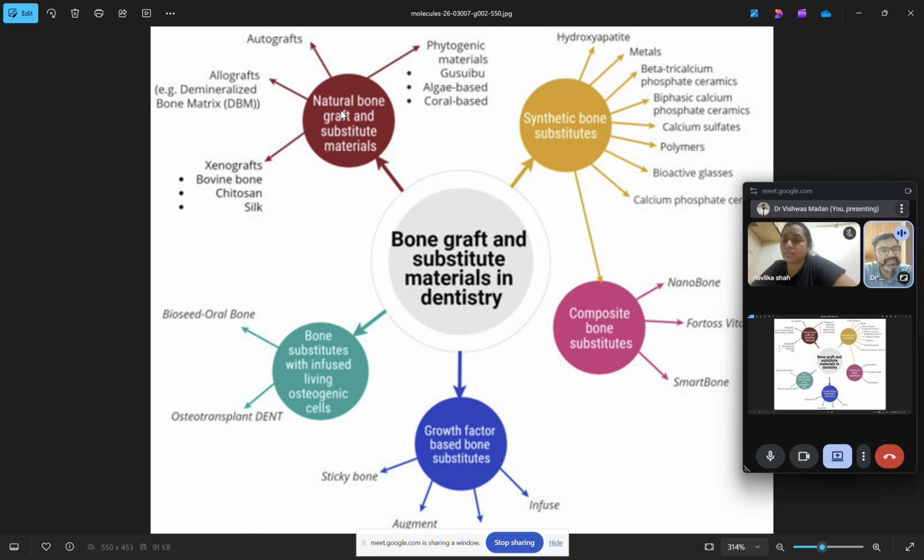Yeah, so rhBMP2 is a kind of protein which scientists have isolated from human bodies, from cattle also, from pigs also, and they have converted it to be used alongside these grafts as a chemical mediator to tell the body that okay, there is a need of bone cells here, so you come and deposit bone. That is a natural phenomenon which occurs in everyone.